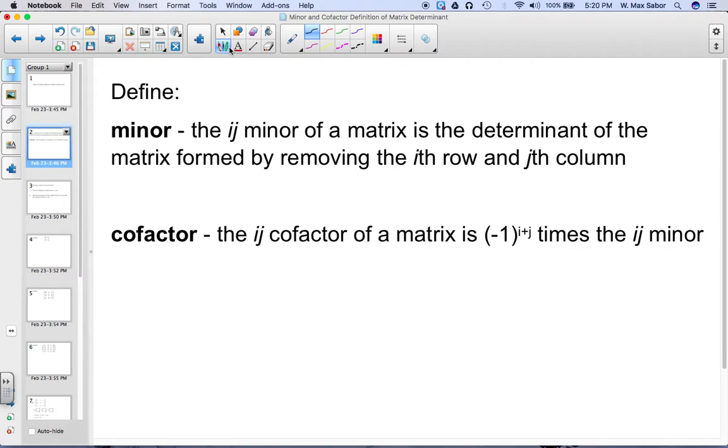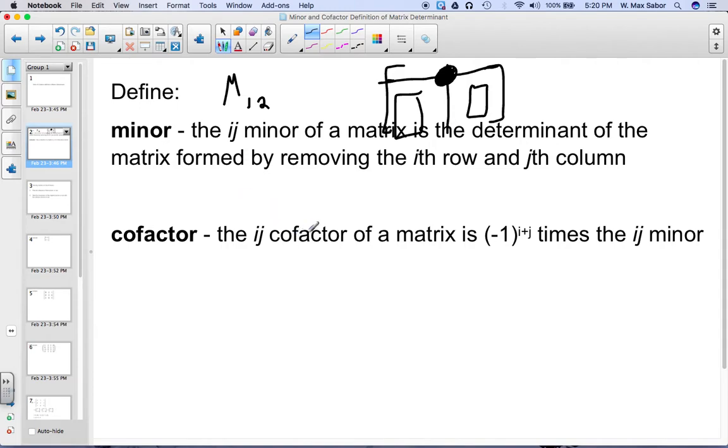So what that means is, I have this matrix, and if I'm looking at the minor 1, 2, well, here's element 1, 2. I will remove that row and that column and then look at the determinant of what's left over. This should be familiar from when we were doing 3 by 3 determinants.